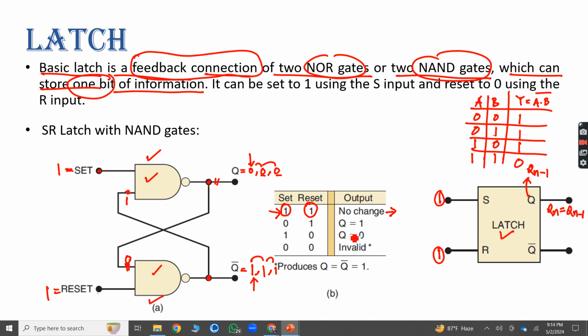So that's why it is called no change, because what was my previous state, my present state and my future state will be as it is, as long as you put both inputs 1. You got my point, right? Yes, sir.